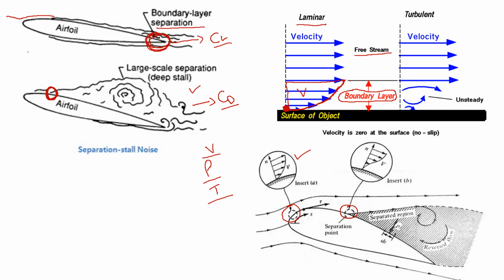This is the turbulent type of boundary layer formation, because when the fluid particles separating from the surface of the object attain the velocity of the free stream, it is happening in an unsteady manner.